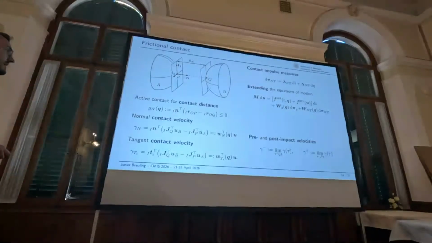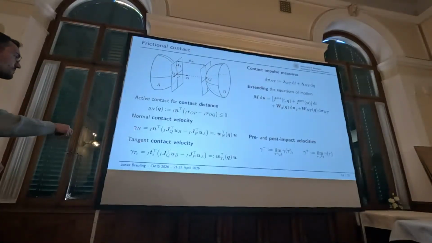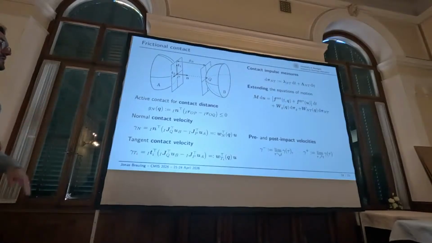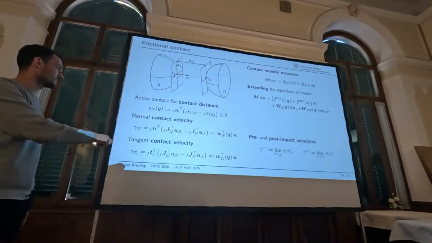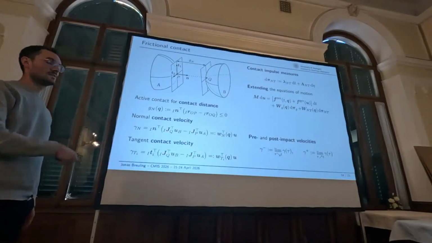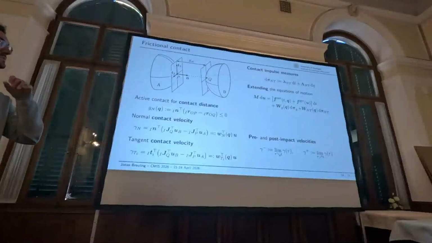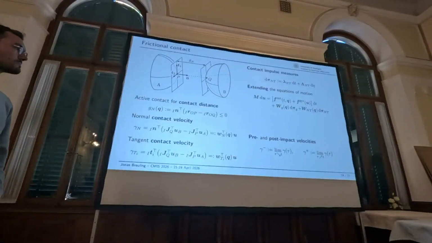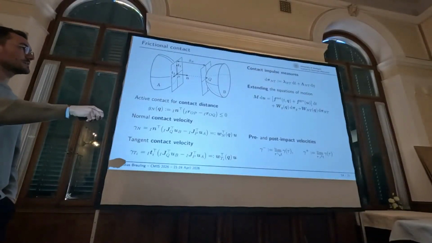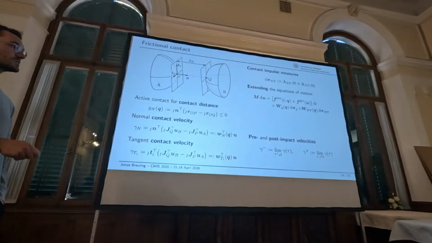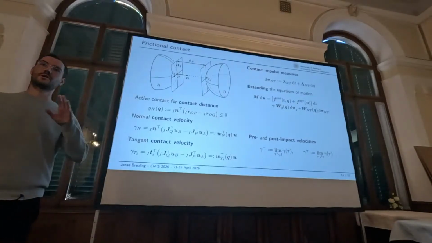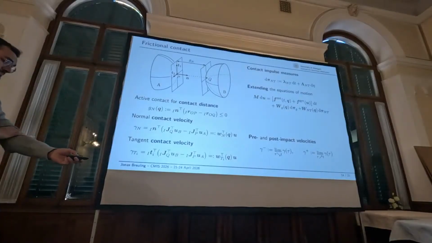And we can define contact velocities, 1 in normal direction and 2 in the tangent directions. And here the Jacobians appear. That's why I was so into them. We can add, again, impulses to our equations of motion, and we can define pre and post impact velocities for our time integration later.